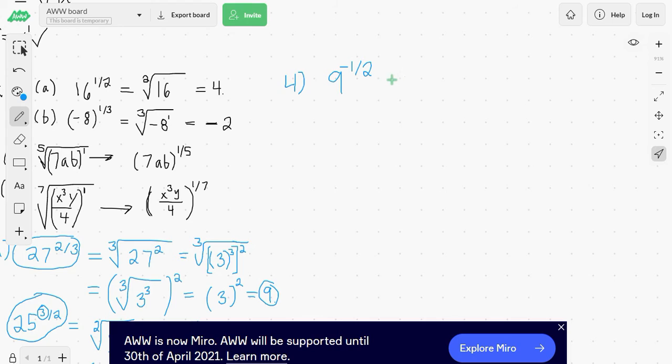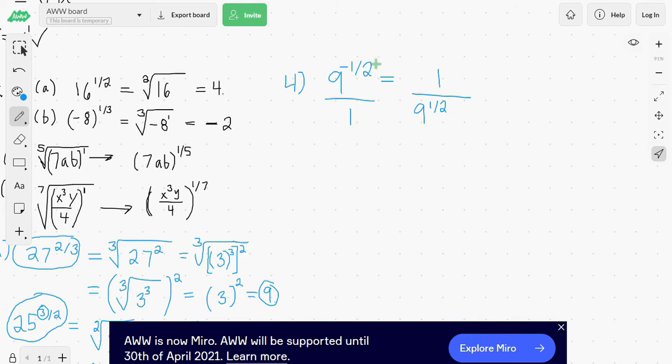Well, remember what we do with negative exponents. We take what we've got and we move it, so to speak, from the upstairs to the downstairs. So we take this fraction that looks like this, and we rewrite it as 1 over 9 to the 1/2.